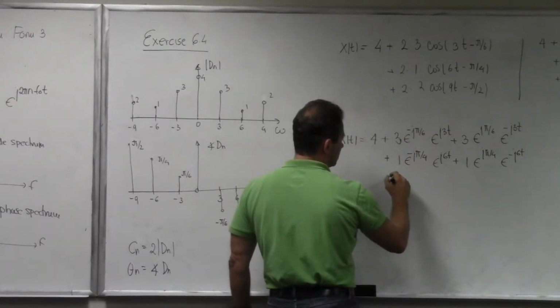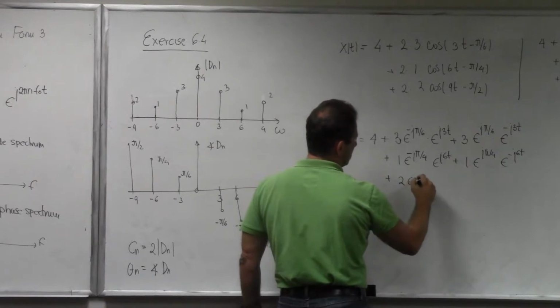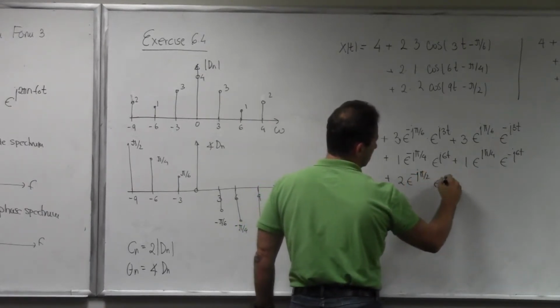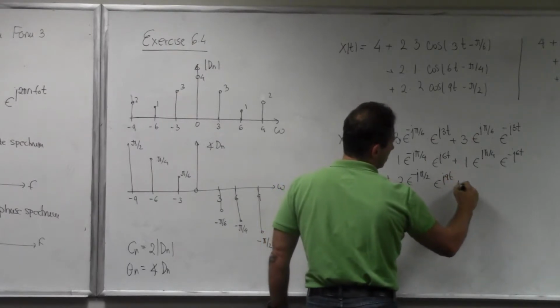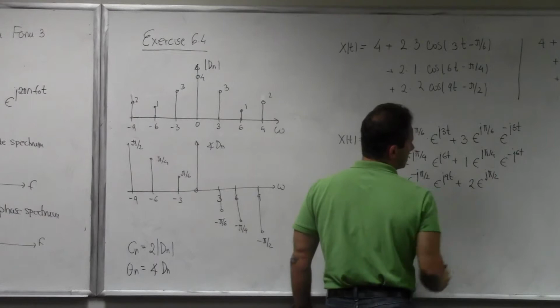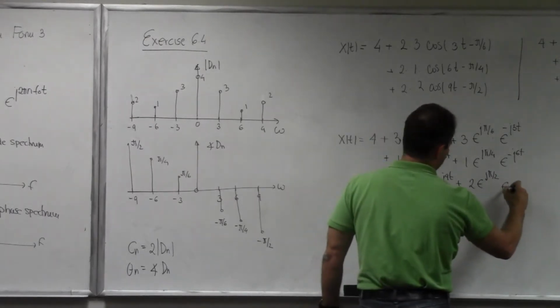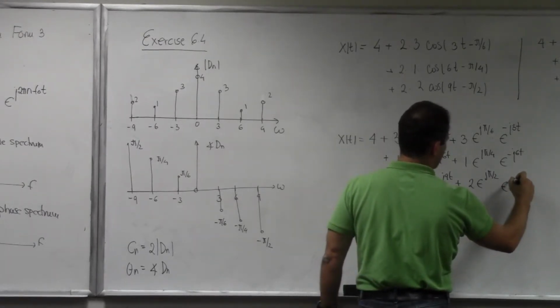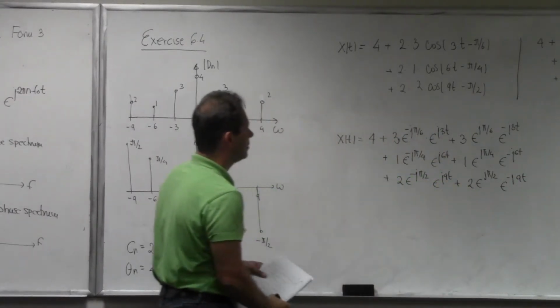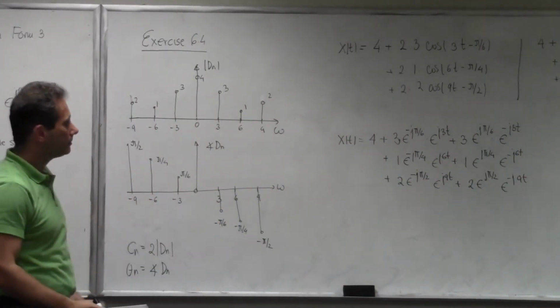And then the last one is plus 2 e to the minus j pi over 2, e to the j9t, plus 2 e to the j pi over 2, e to the minus j9t. So that's summing all of these components.